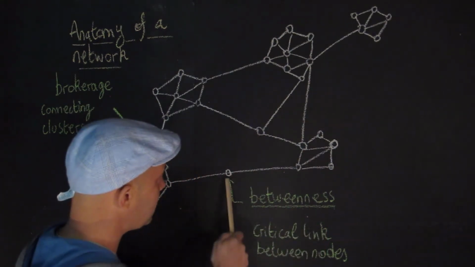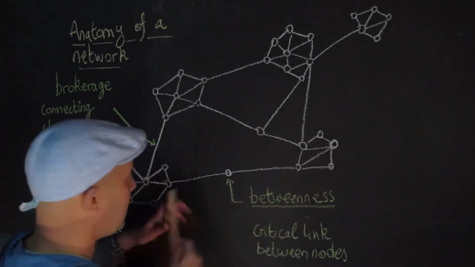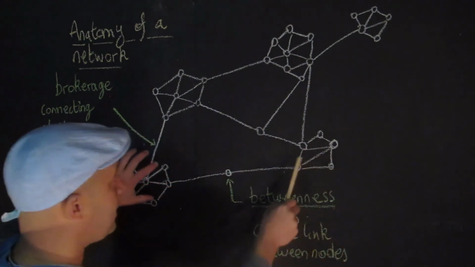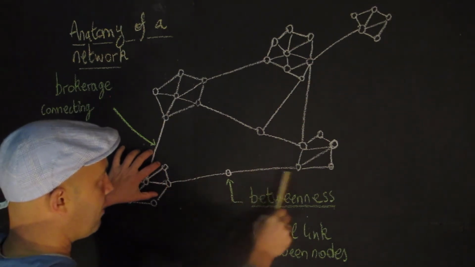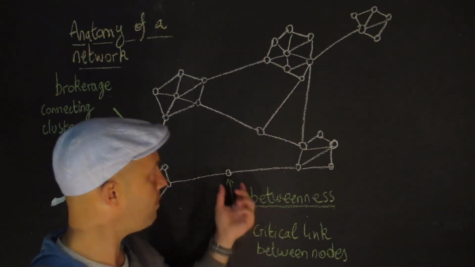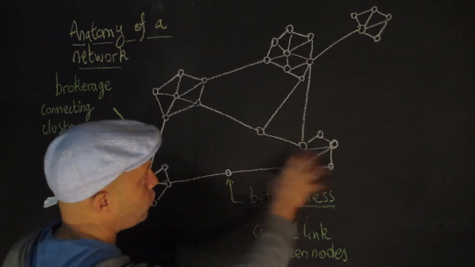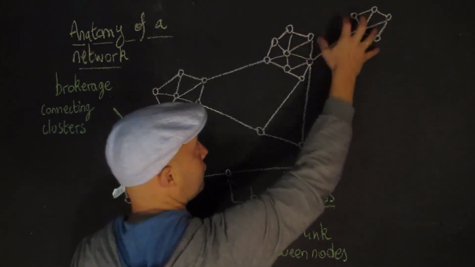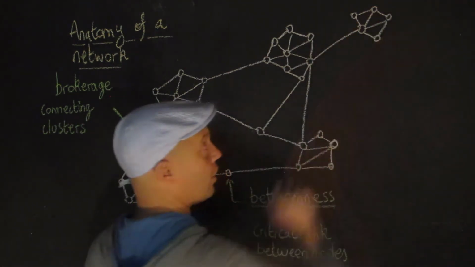So if that person disappears, then these clusters are not connected. Doesn't mean that they are completely disconnected. They may still be connected via multiple steps, but there is not that direct link between those two clusters. And you can see here there are different clusters. So for instance, if that link disappears, that cluster is kind of on its own.